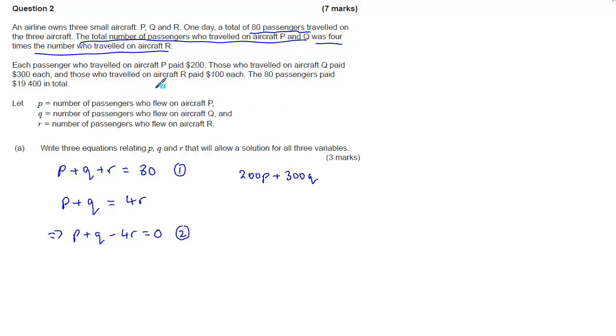And those who travelled on aircraft R paid $100 each, so that's going to be 100R, and we're told that that's equal to 19,400. We can simplify that by dividing through by 100 and get 2P plus 3Q plus R is equal to 194. Let's call that equation 3.